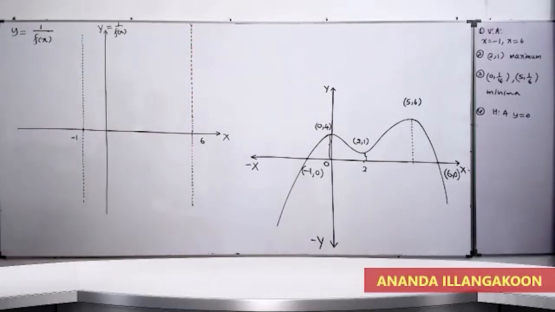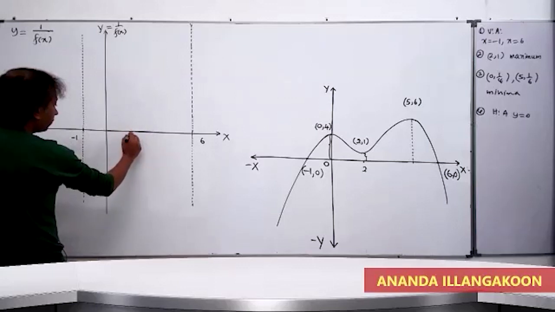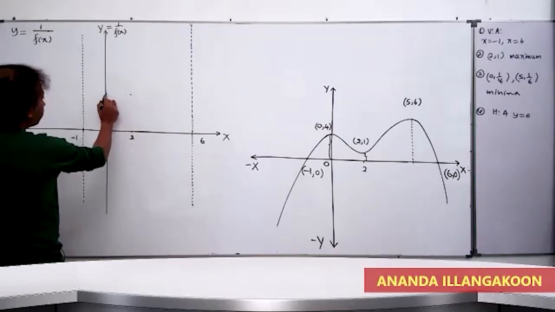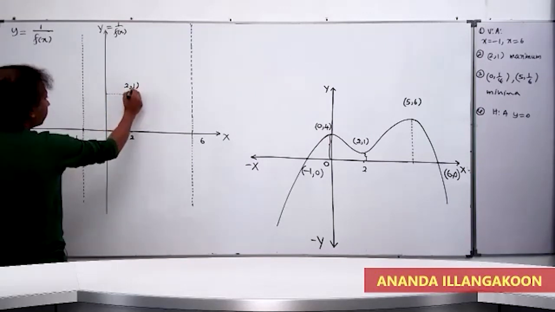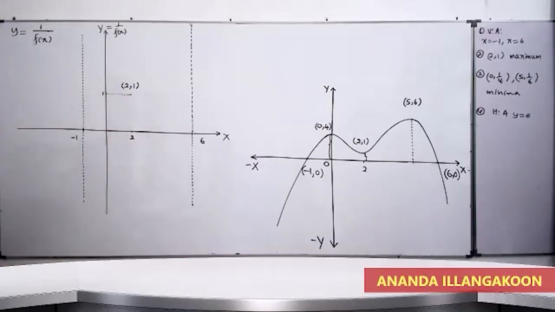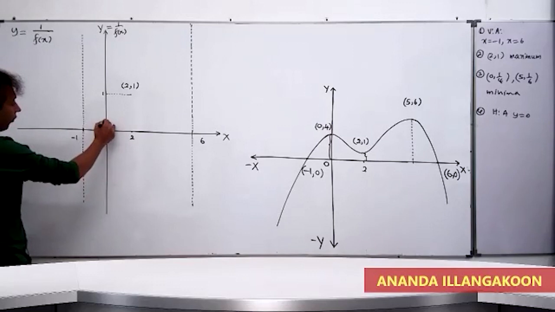Then a maximum at x is 2, y is 1. And a minimum at 0, 1 by 4. X is 0 here, no? 1 by 4, here minimum. Here maxima, here minimum.